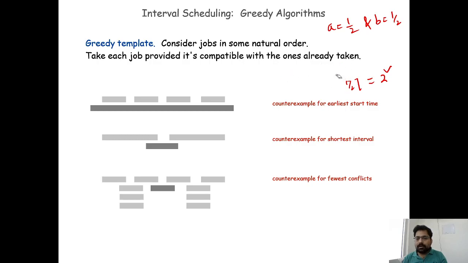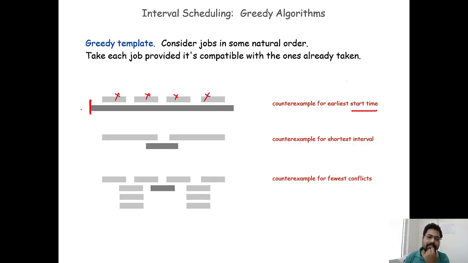So in this case, through a counter example we will check whether the approach gives us the correct result or not. As for the earliest start time, if I compare with the jobs, and I keep this job because it is the earliest starting one, then I have to ignore this job, this job, and this job if I select it.